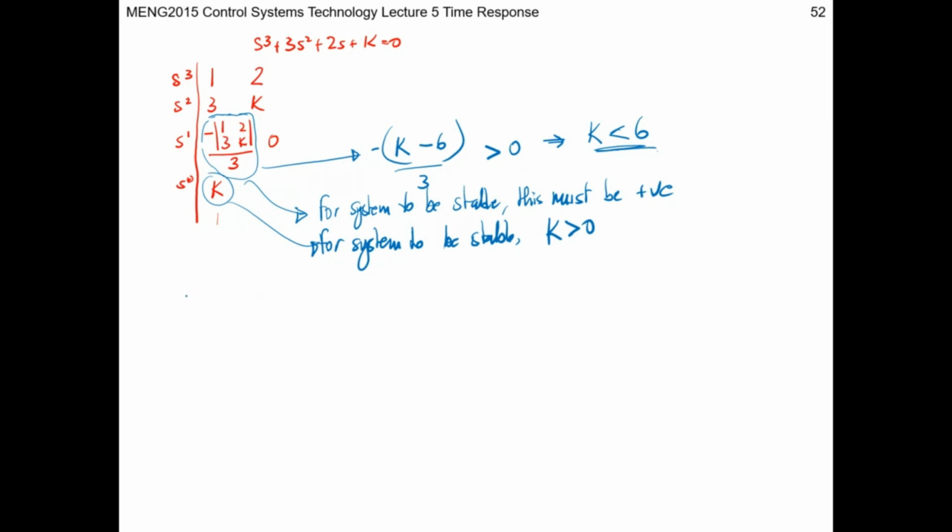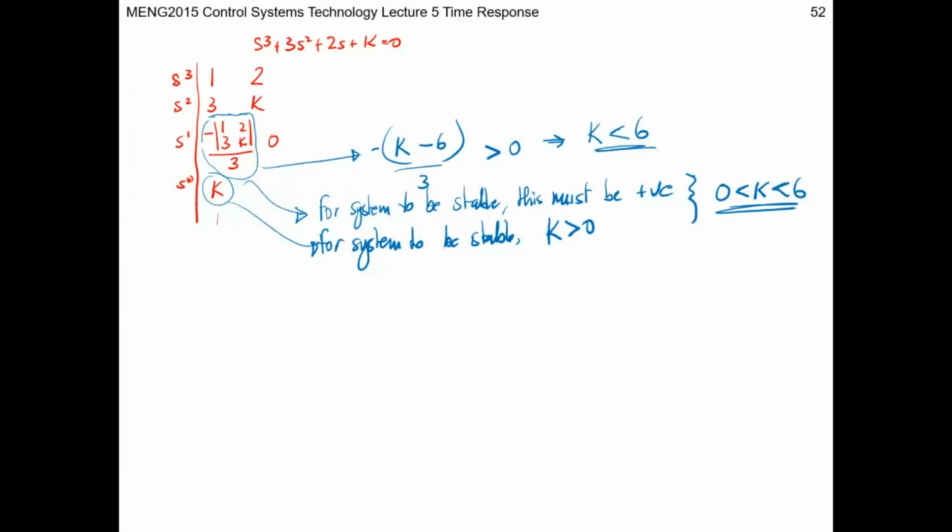So that means that for system stability, these two statements resolve into a simple mathematical expression: k must lie between 0 and 6 in order for every term in the first column to be positive, and therefore for the system to be stable.